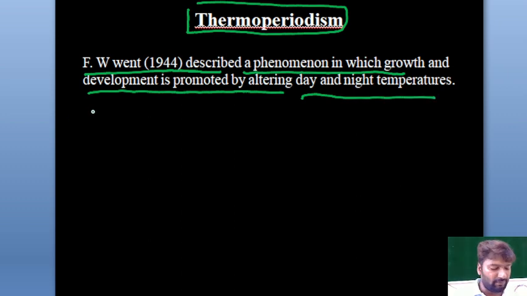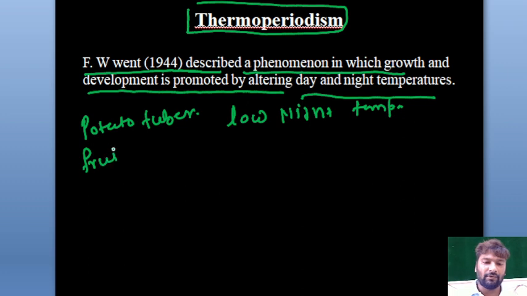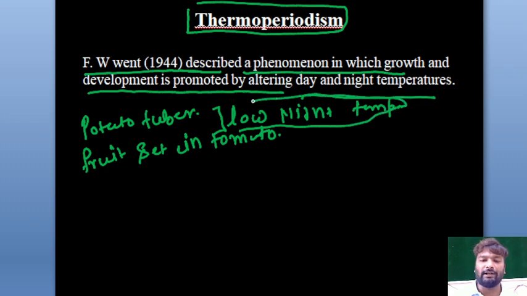So thermoperiodism forms potato tubers in response to low night temperature, and also fruit set in tomato, which activates flowering by the low night temperature.